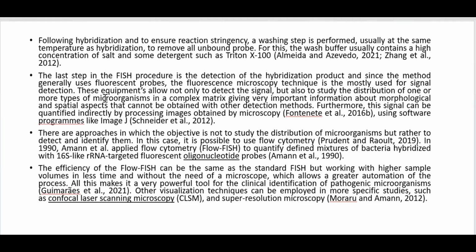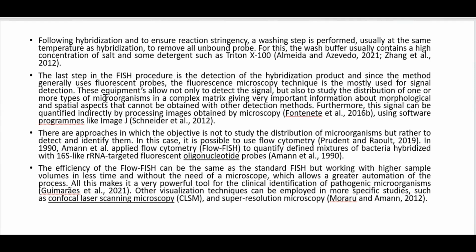So what you need is a good intense signal to be developed as a result of hybridization. Hybridization product detection depends on the fluorescence generated by binding of the fluorescent probe to the target, and if the target sequences are few in number, the fluorescence will be very low. So signal detection should be good.